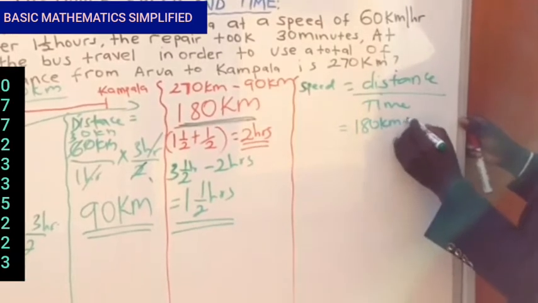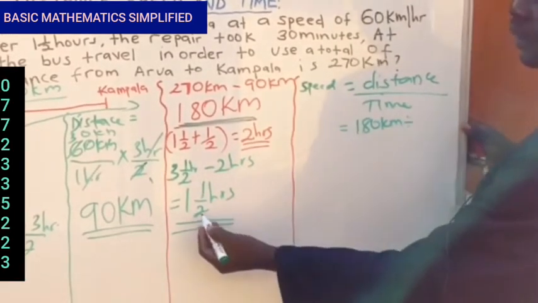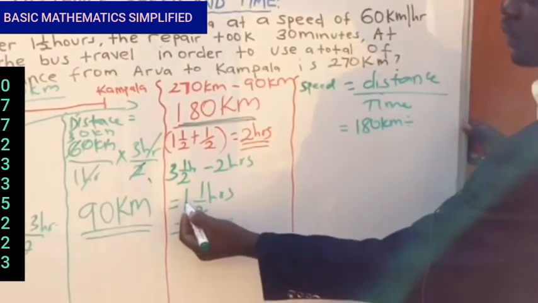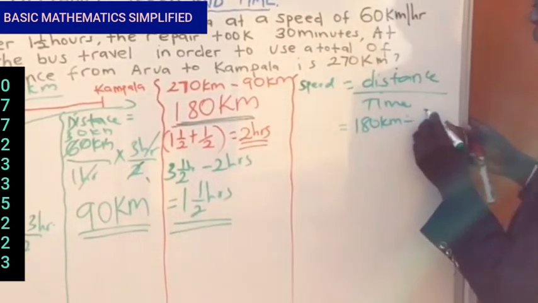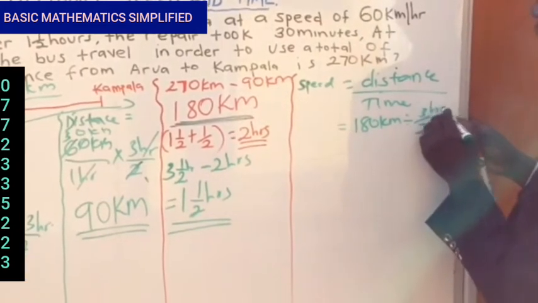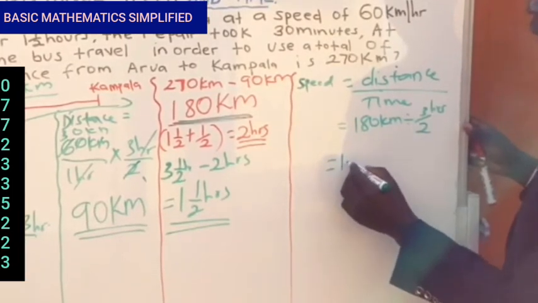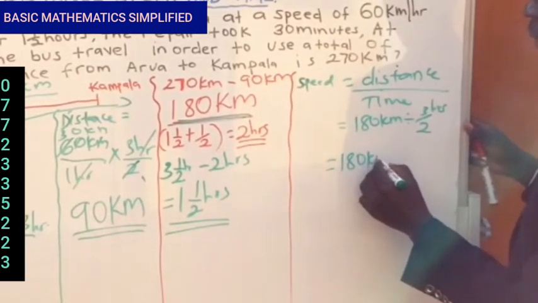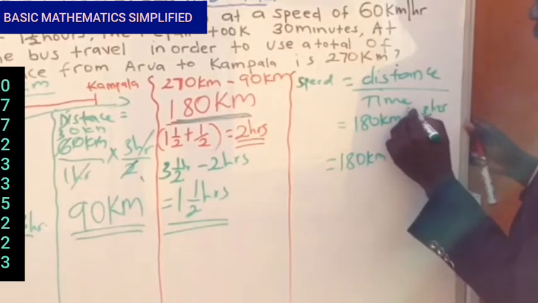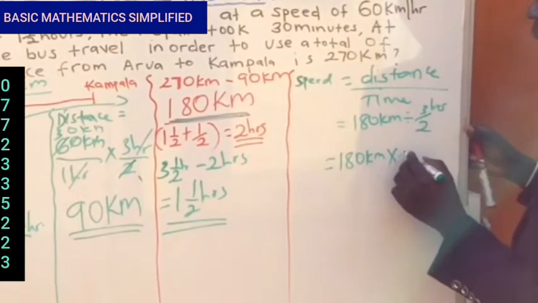You change it to an improper fraction. 2 times 1 is 2, plus 1, which is 3 out of 2. These are hours. Now, this is 180 kilometers. You get the reciprocal, multiplied by 2 out of 3. The hours will come down.